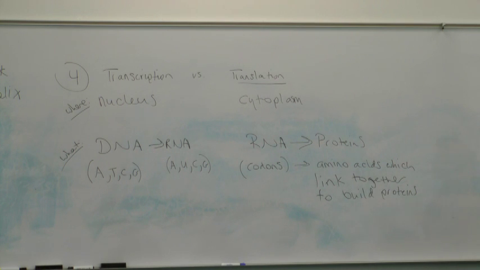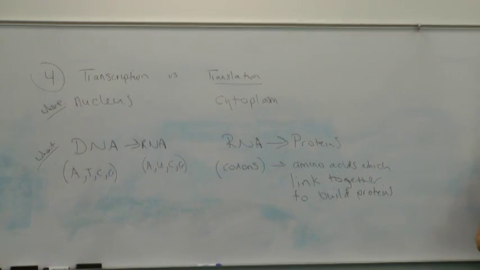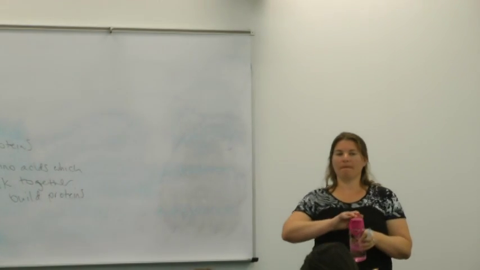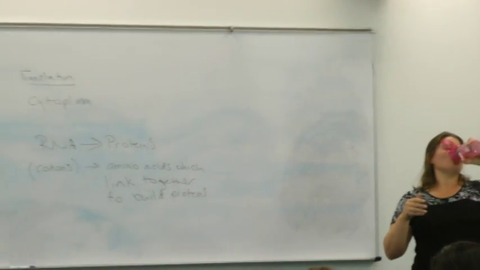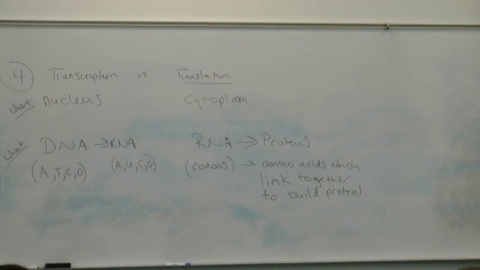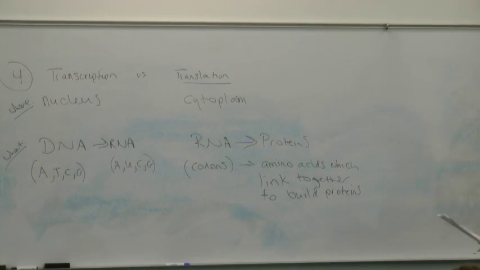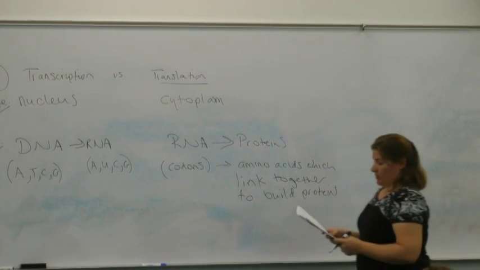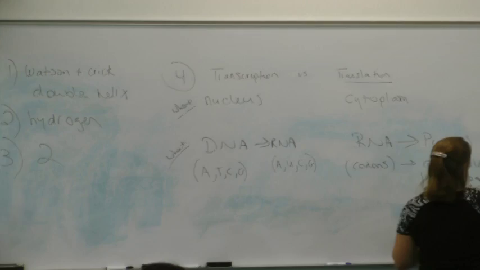RNA codons code for amino acids. And then amino acids get bonded together to build a protein chain. Okay, and we're going to do examples of that shortly. Number 5, though, let's go ahead and do number 5.